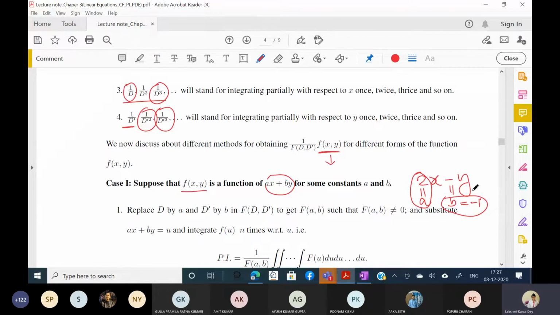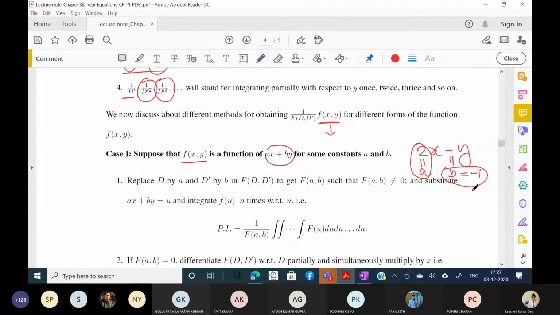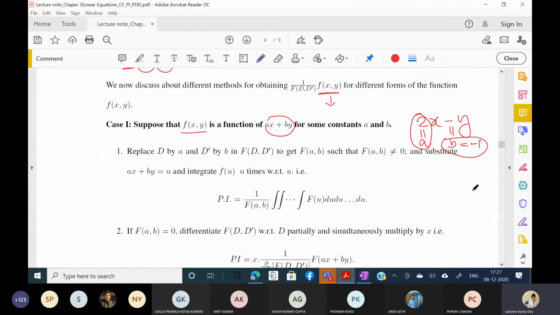In that case, we have to replace D by a and D dash by b in F(D, D dash) to get F(a,b), such that F(a,b) is not equal to 0.